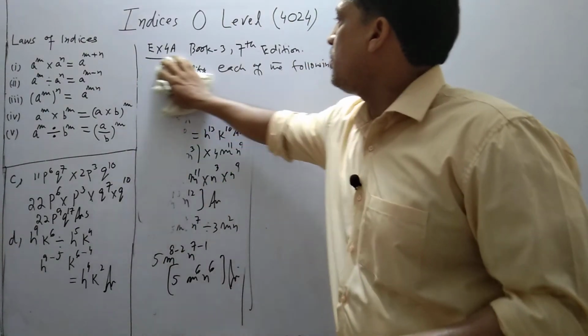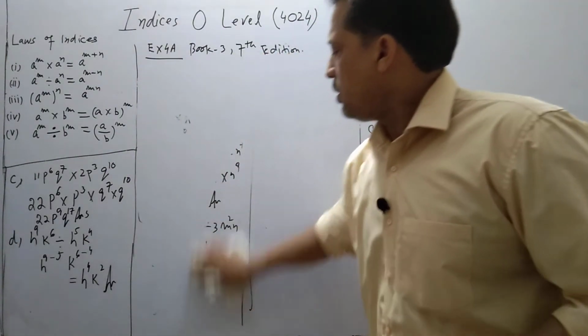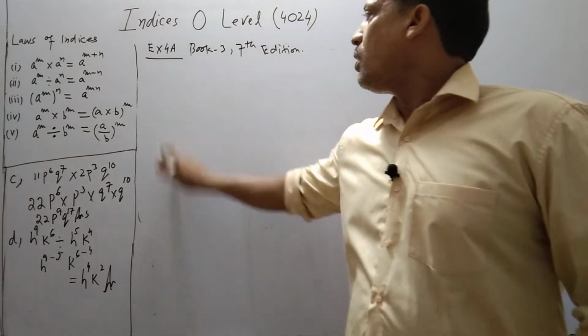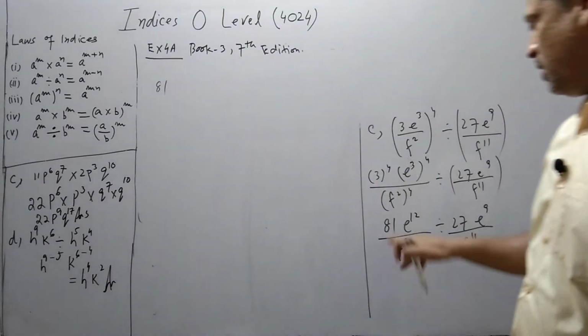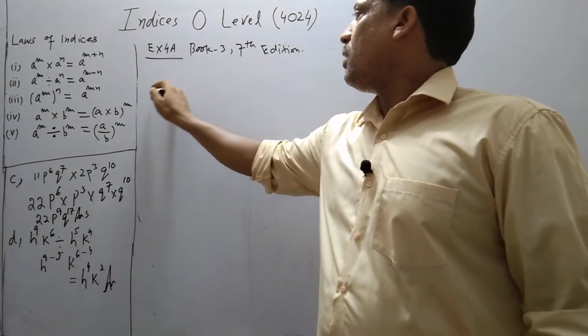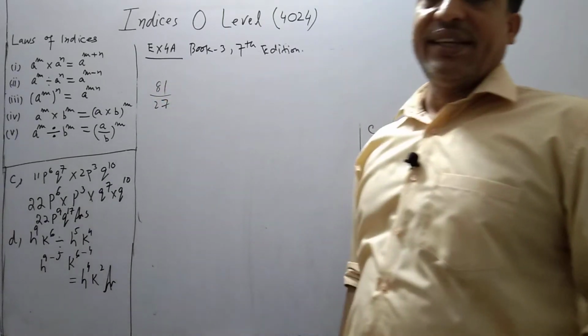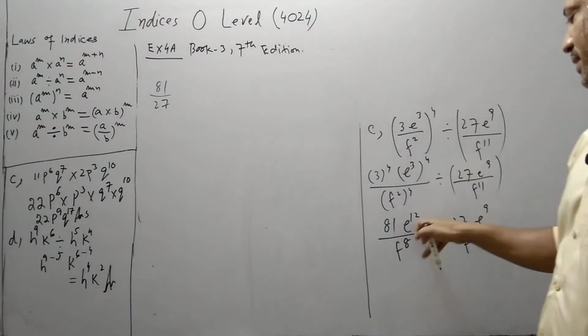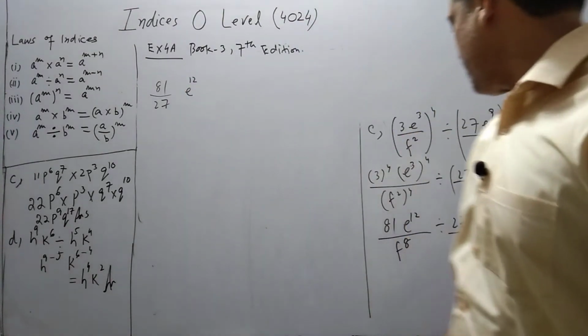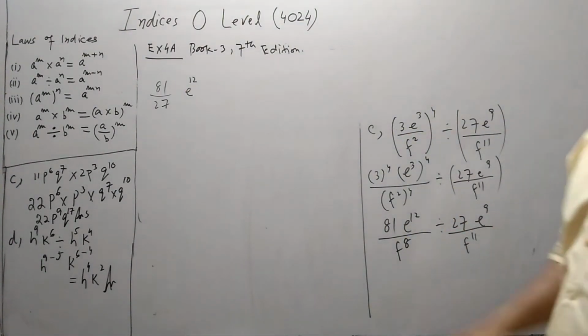Next step, sorry. This is 81. So 81 divided by 27. You can write the divide sign in terms of fraction. This is e^12 divided by e^9.